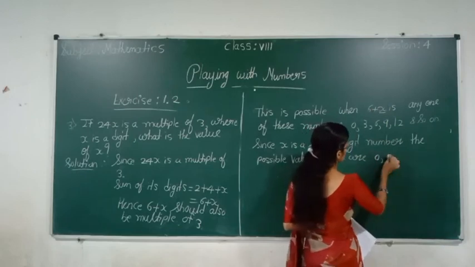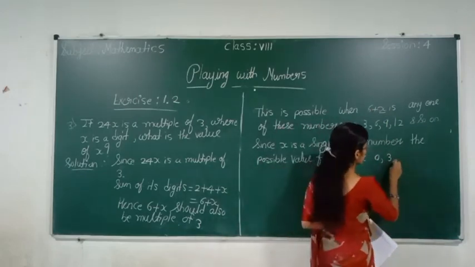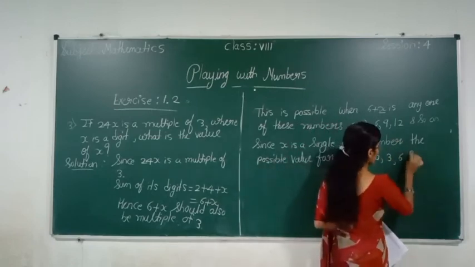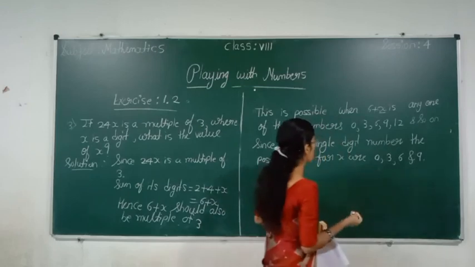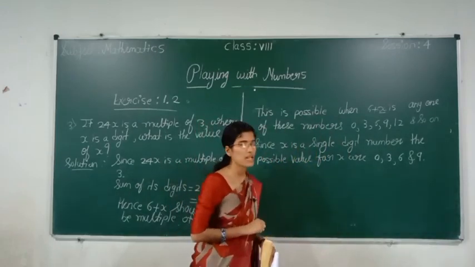Again 3 is possible, 6 plus 3 is 9, 9 is divisible by 3. 6 plus 6 is 12, 12 is divisible by 3. Total the values for x are 0, 3, 6 and 9.